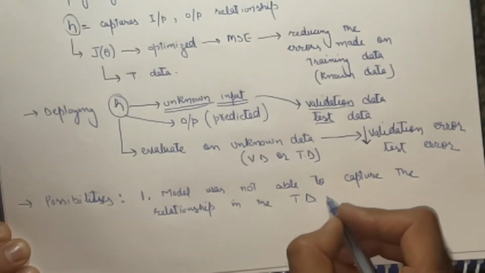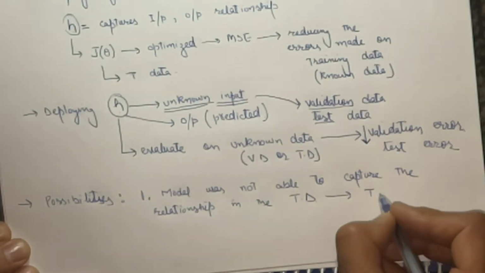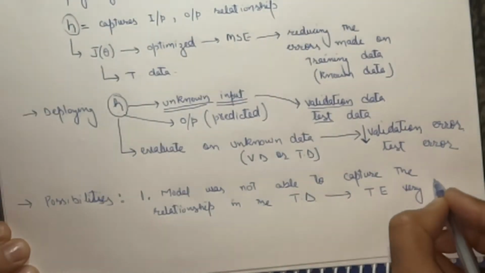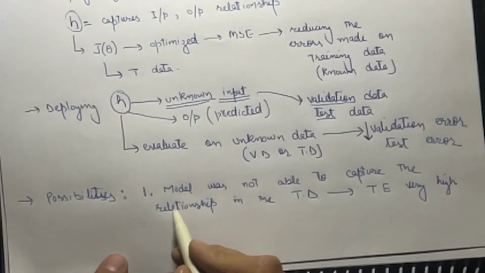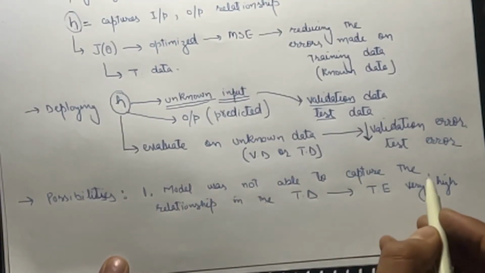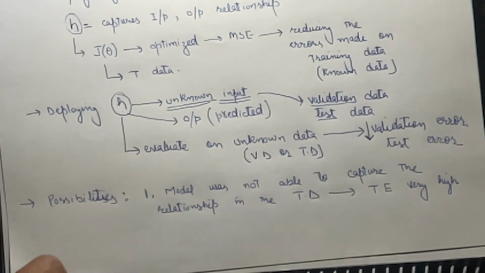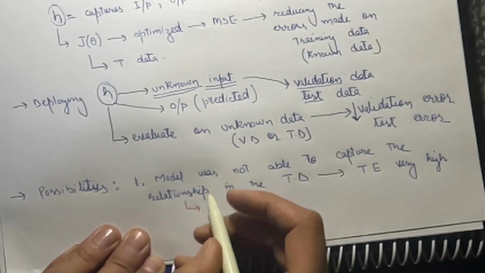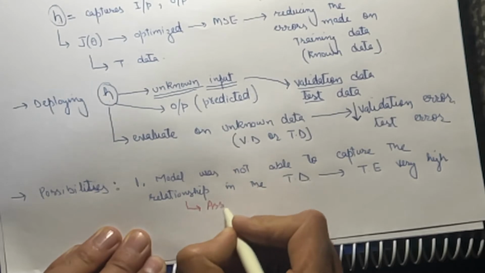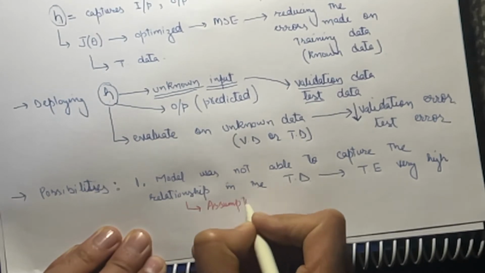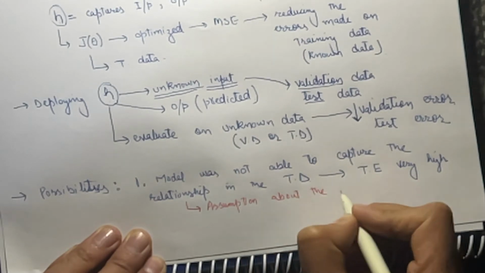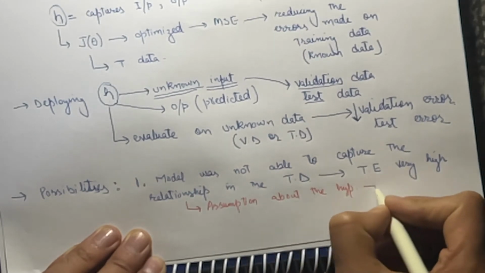So we can also say that in this case, the training error will be very high. In which scenario won't our model be able to capture the relationship in the training data? This scenario will happen when our assumption about the hypothesis function was incorrect.